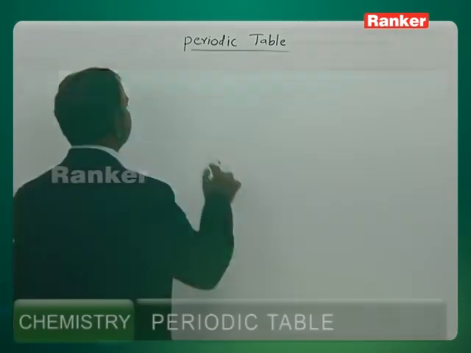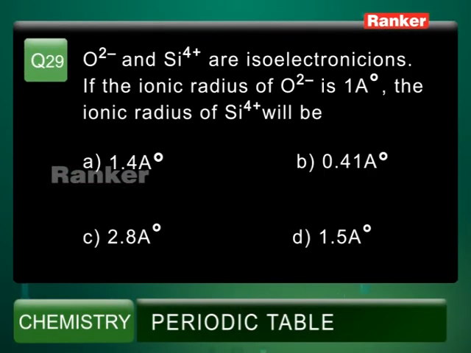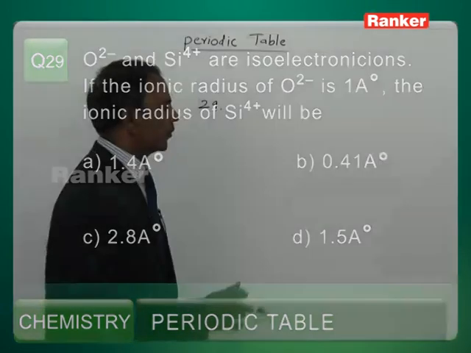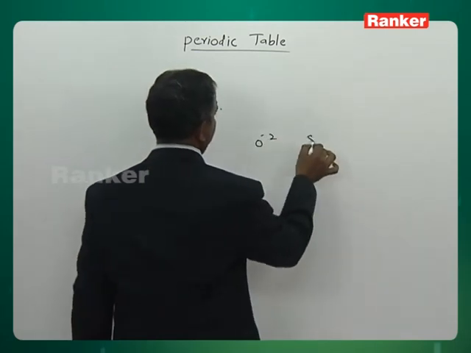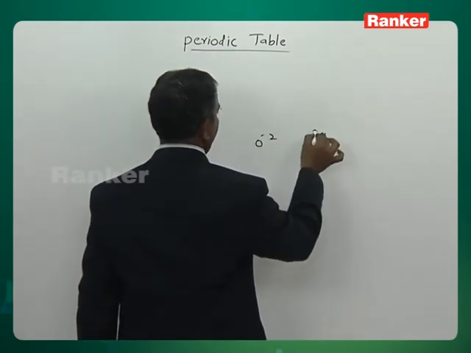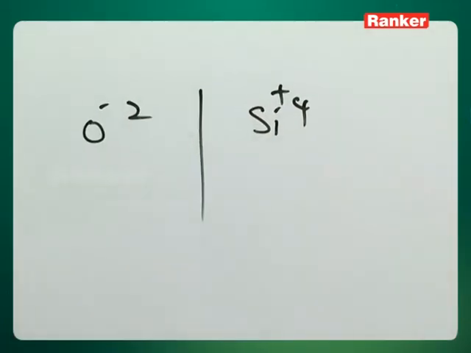Question number 29. O minus 2 and silicon plus 4 are isoelectronic ions having the same electronic configuration. If the ionic radius of O minus 2 is 1 angstrom, the ionic radius of silicon plus 4 will be? One is given as O minus 2, the other is silicon plus 4.